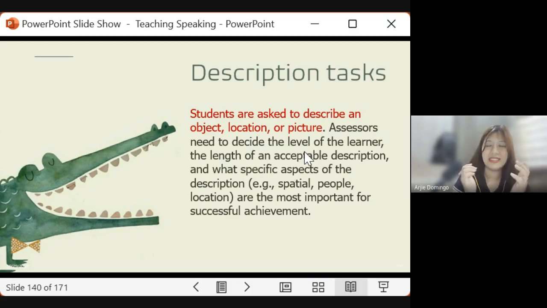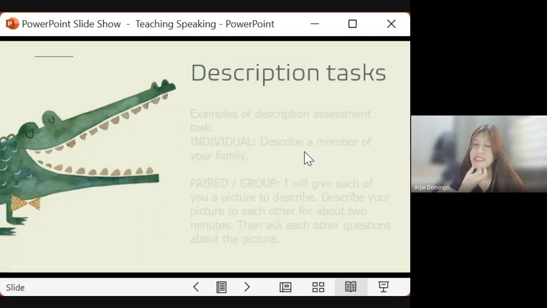In reality, you might ask your students to think of something or to bring an item or to tell something about a place or a picture that they have. And other students would mostly be guessing what that item is.